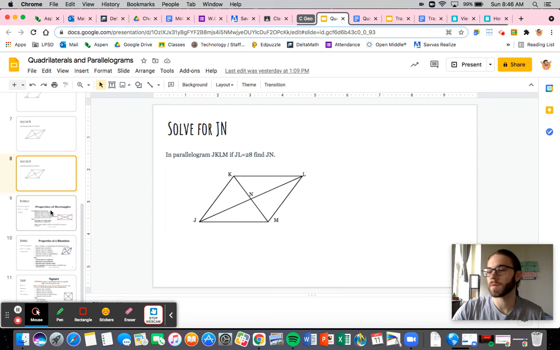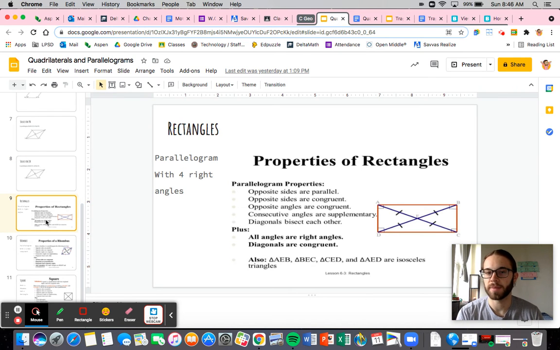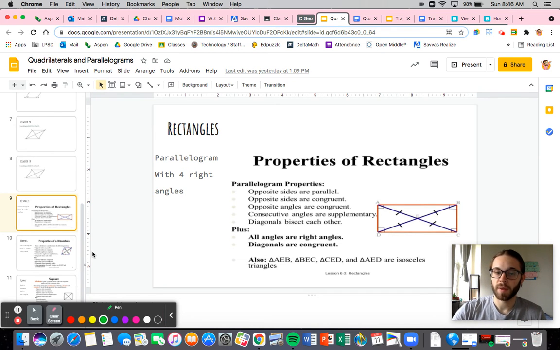Now, there are 3 specific types of parallelograms. And they each have their own properties. So a rectangle is just going to be if I have a parallelogram and I have right angles, all right? So essentially before, when we had our parallelogram, this angle was congruent to this angle and this angle was congruent to this angle.